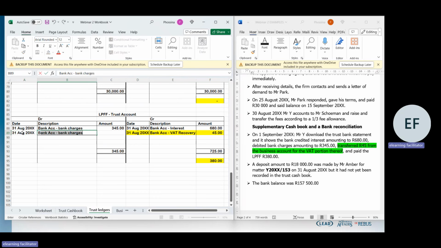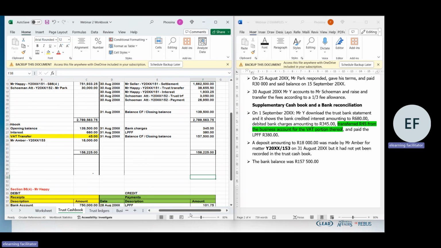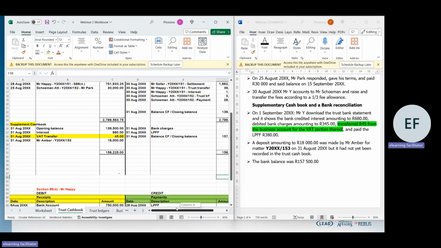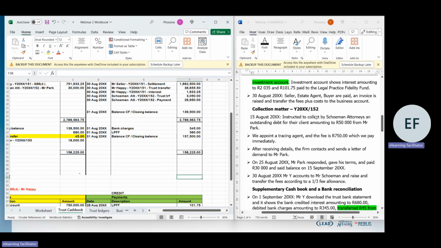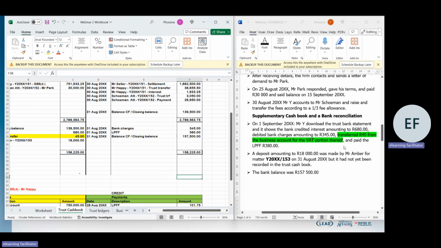So this side less that side, and then we are having 157,500. So this is now our supplementary cash book. We've recorded everything that is in the bank statement because everything else is there. Everything else is recorded, but we only realized these transactions were missing. So after recording, you can see 157,500.